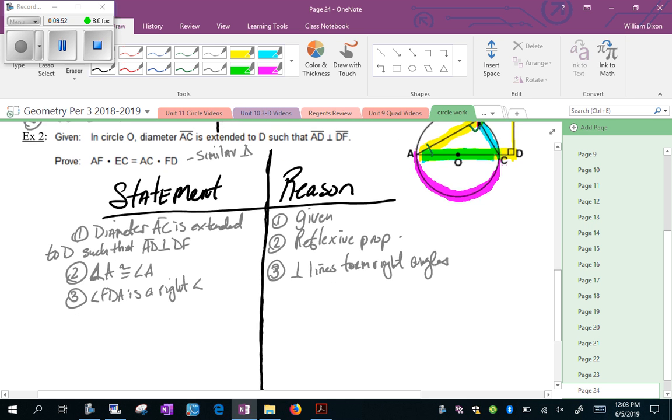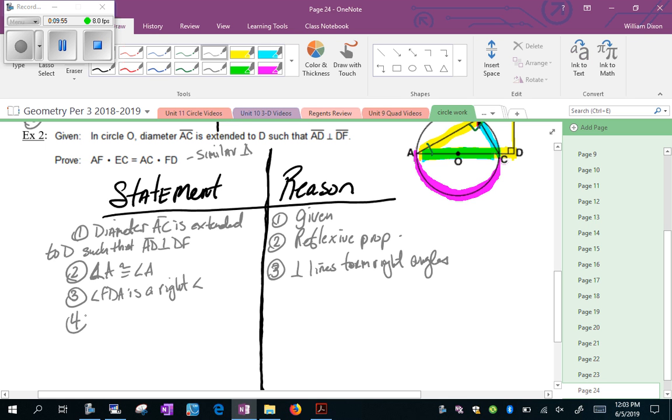Number 4, I have angle AEC is a right angle. And that reason is inscribed angles in a semicircle is a right angle.